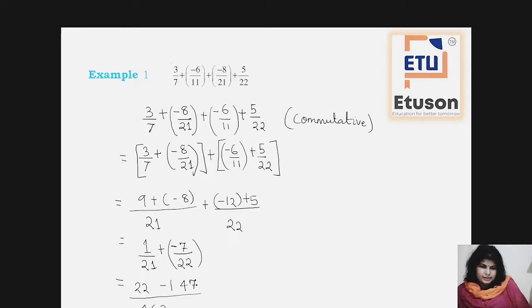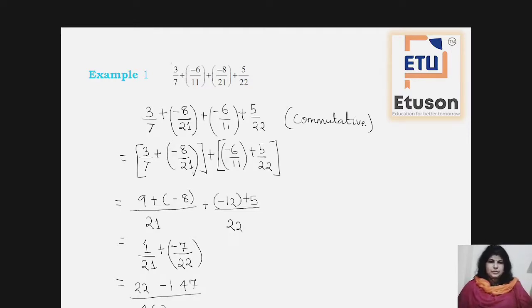So the answer becomes 22 minus 147, which is minus 125 divided by 462, correct?